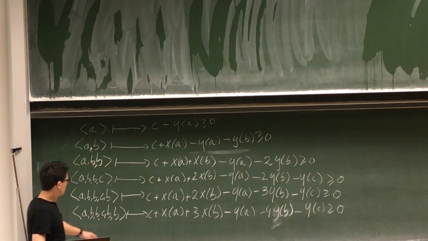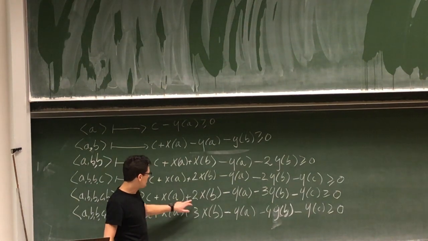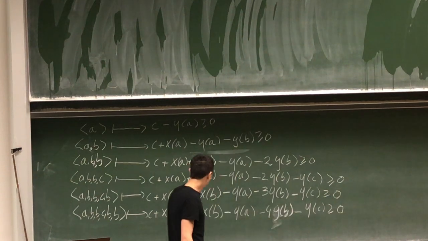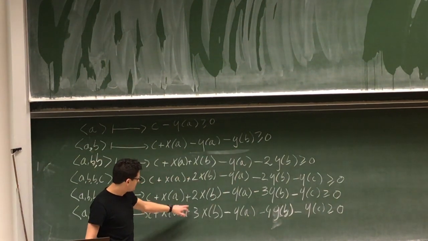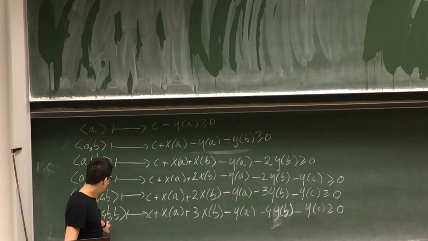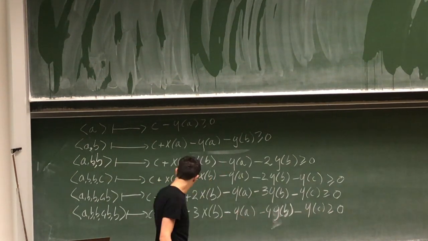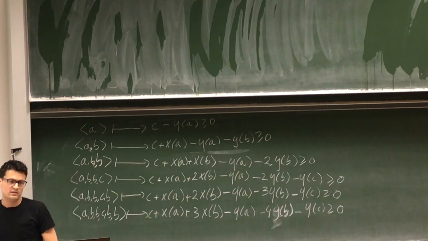So this one is ABBABC: C plus xa plus 2xb minus ya minus 3yb minus yc. And if you look at the next level, the only thing that changes is that 2xb becomes 3xb, because this b is here, and the 3yb becomes 4yb because this b is here. That's how these constraints are constantly generated.